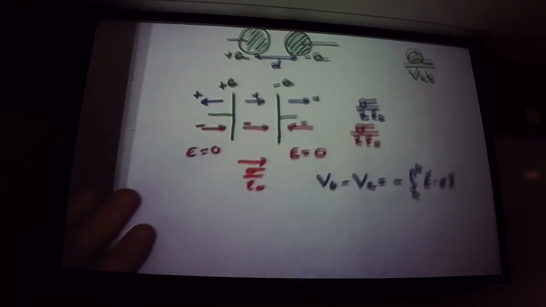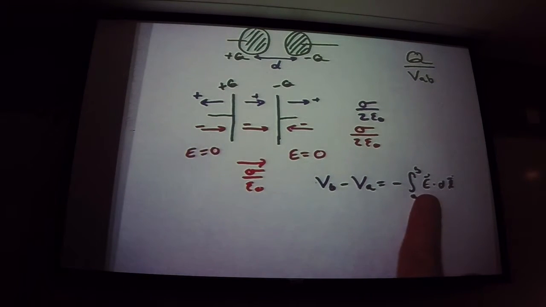Here's my integral. Well, E is uniform, so it's going to come out of the integral, and I'm just integrating over dl. So all I'm going to get is the simplified formula where this is the electric field multiplied by the distance.